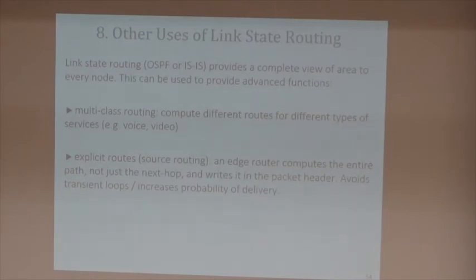For example, multi-class routing, which consists in computing not one shortest path, but one shortest path for every type of traffic, if you're able to quantify what happens on links. If some links have larger delay than others, they are less suited for audio calls, for example IP telephony. So you may want to find different shortest paths for different types of traffic.